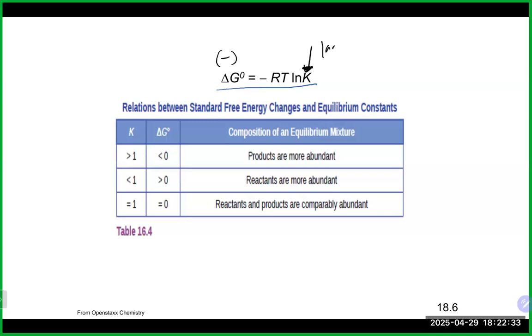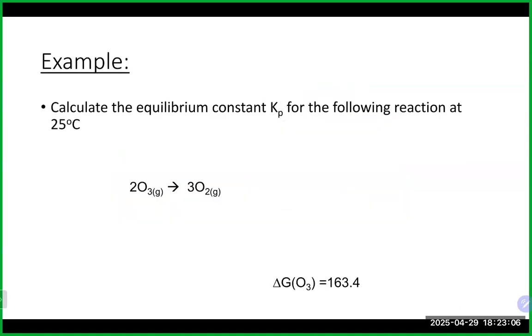So a large K should end up with a negative delta G, which would mean products are favored. If you had a small value of K, you would mainly have reactants, which is a non-spontaneous reaction. If it's equal to 0, you're near equilibrium.